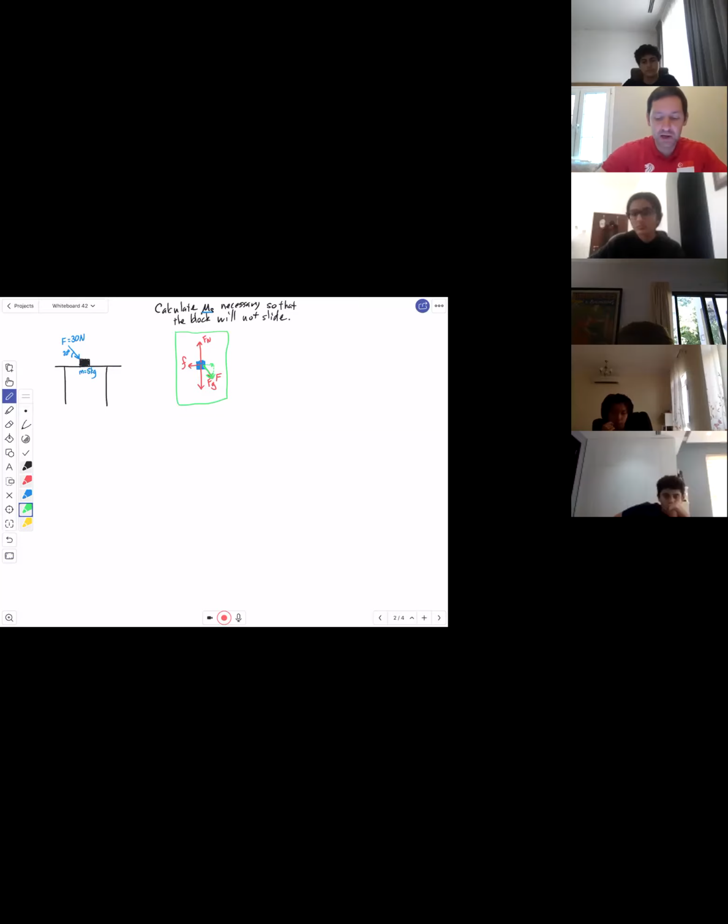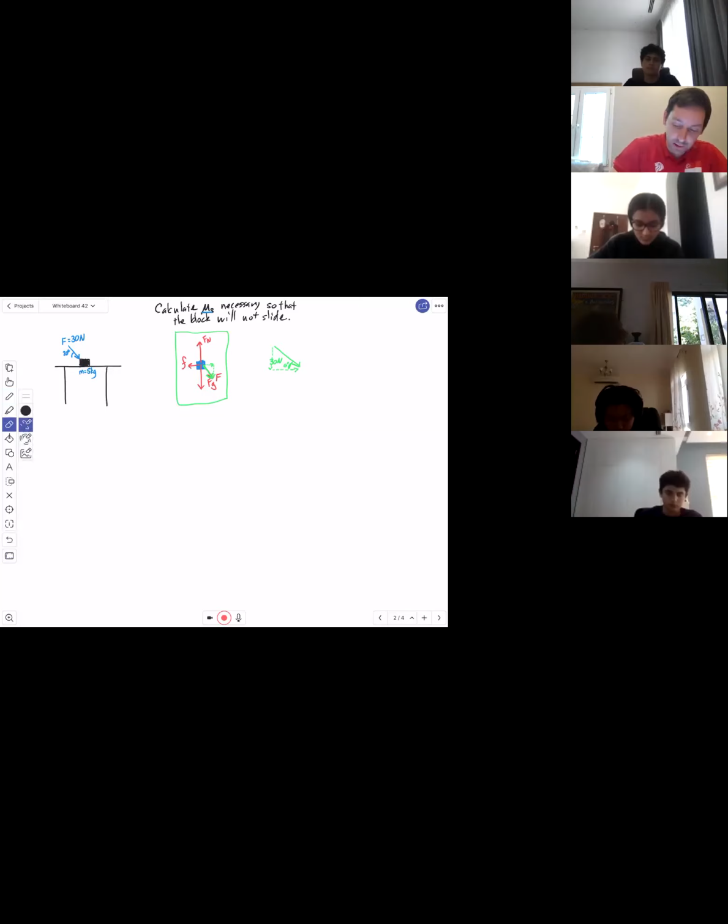So I'm going to redraw that force, just that one, over here on the side. It has a magnitude of 30 newtons, and the angle is 20 degrees. If we break it up into vertical and horizontal, the angle here is 20 degrees.